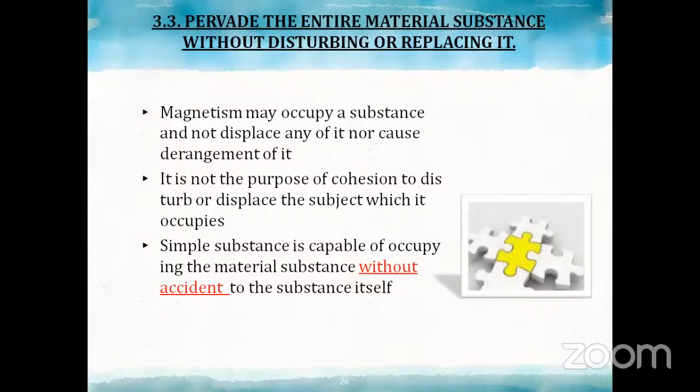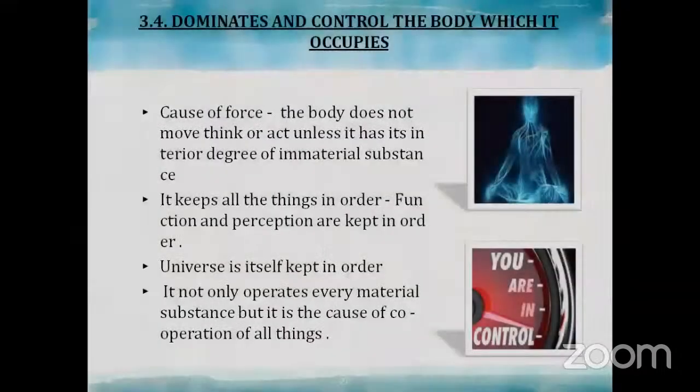So simple substance is capable of occupying the material substance without accident to the substance itself. So nothing will be changed when a body has been occupied by a simple substance. It just remains inside without displacing or disordering. So that is the third quality of a simple substance.